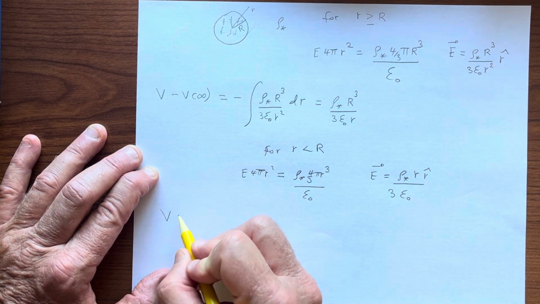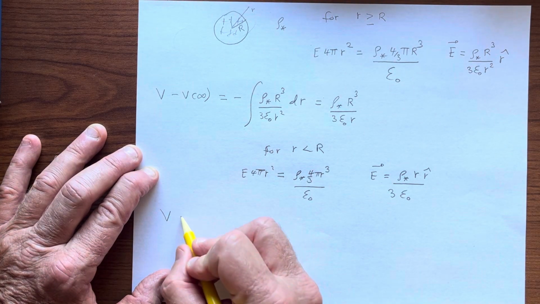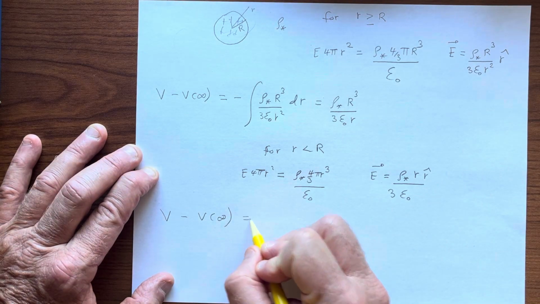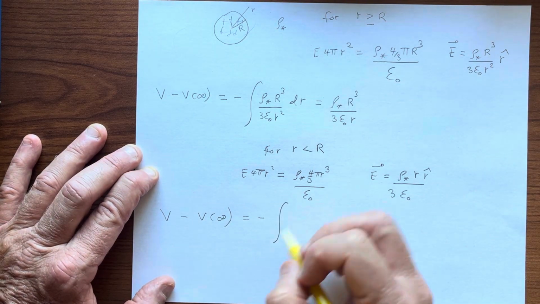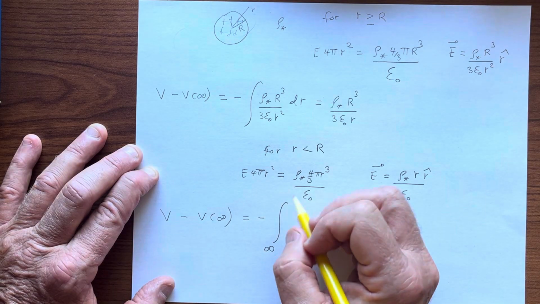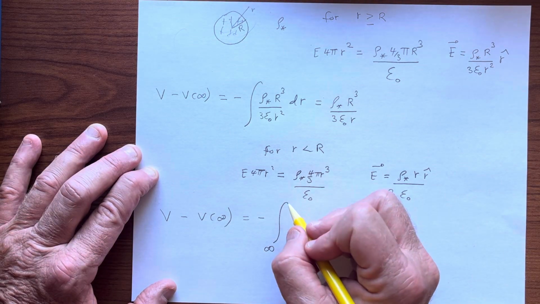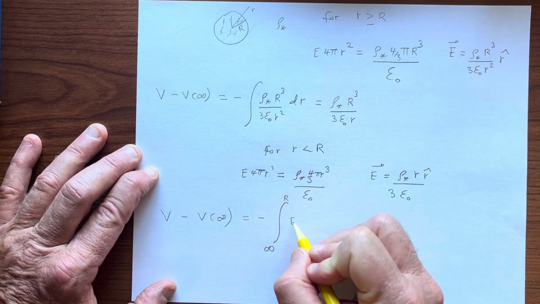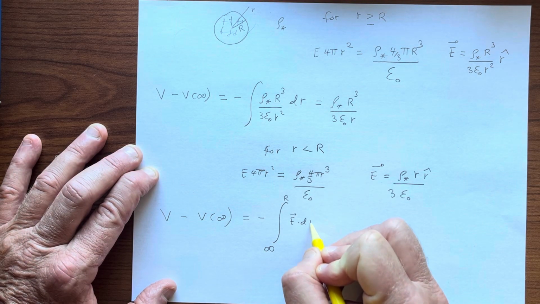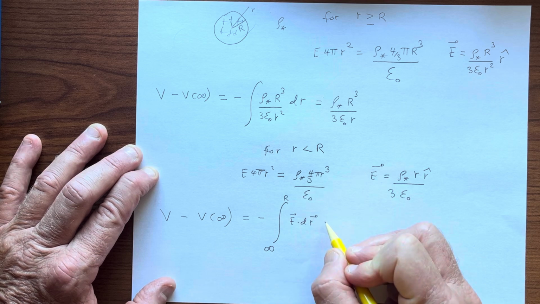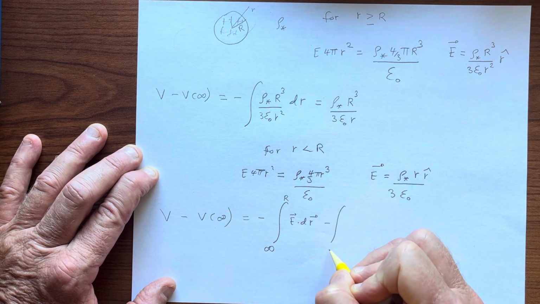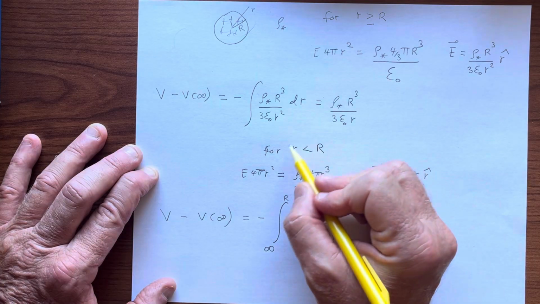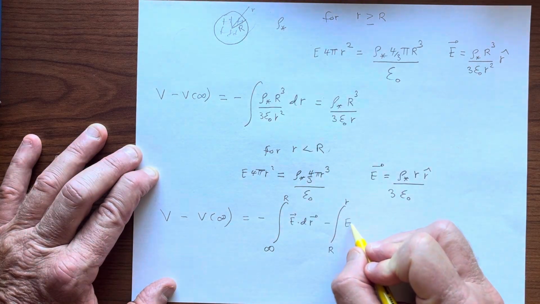So the electric potential V minus V infinity, with V at infinity equal to 0, is equal to minus the integral. We have to go from infinity all the way into the sphere. And so we go first all the way to capital R, to the sphere surface. Here I'm writing this expression explicitly. Then we have to continue integrating from capital R to little r, such that this condition is satisfied.